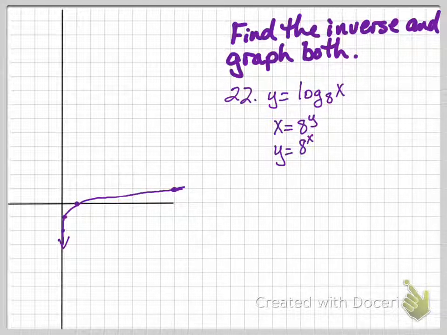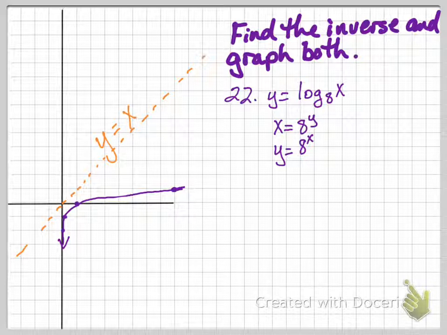And then we have y equals 8 to the x power. And remember, this is a reflection across y equals x. And change to my green colors here. So when we have (0, 1), we have (1, 0) for our reflected point.